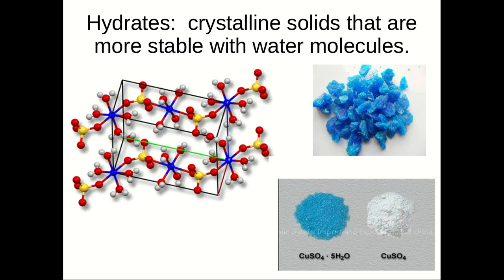Whenever nature can take advantage of attractions between ions and molecules, nature does take advantage of them. The reason is, when those attractions come together, that's a lower chemical energy state that nature has achieved, and that's why this crystal forms.